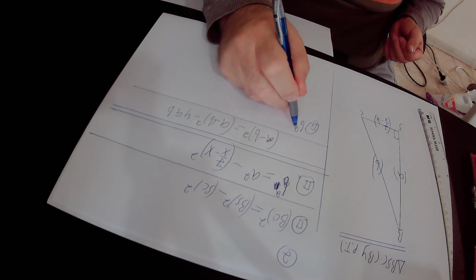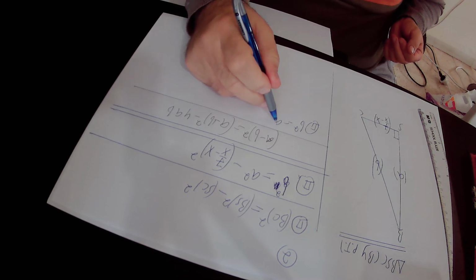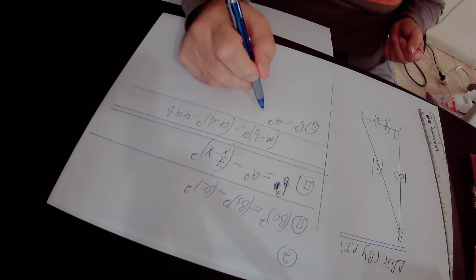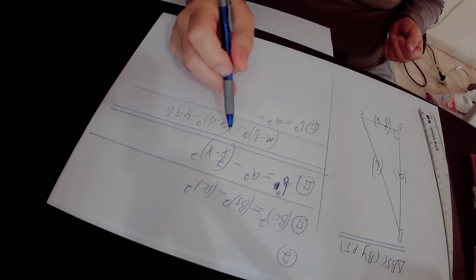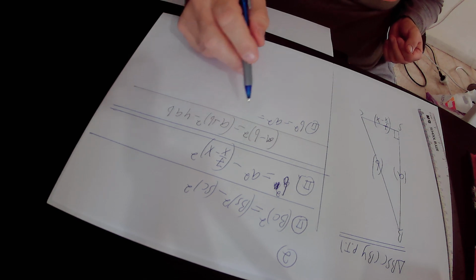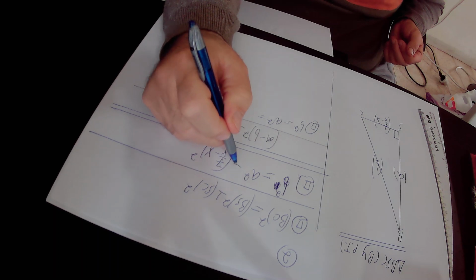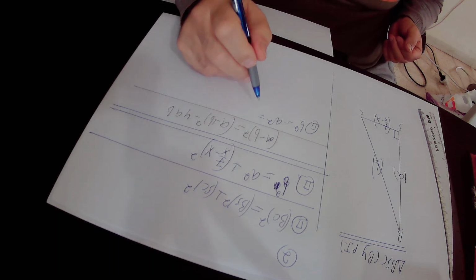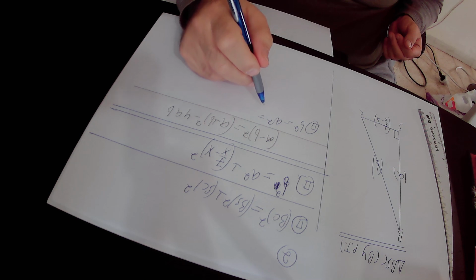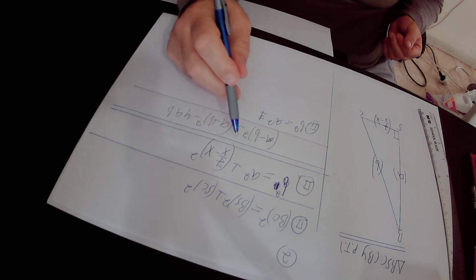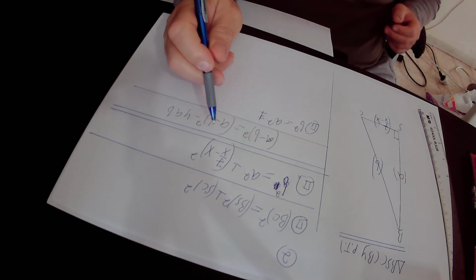B squared equals A squared, and here we have minus, it's actually plus, because of the minus sign, (7 over X minus X) squared. So B squared equals A squared plus (7 over X minus X) squared.